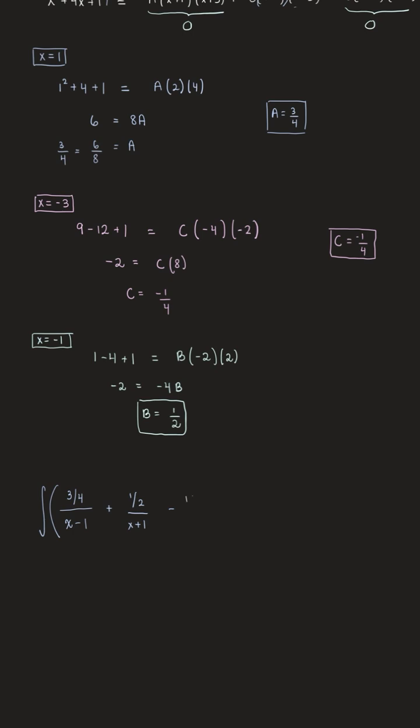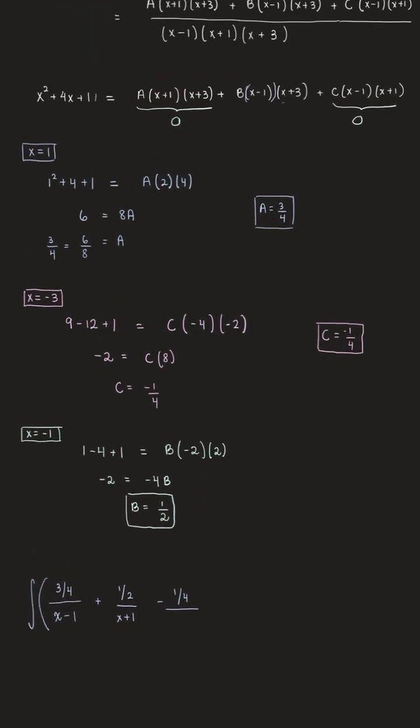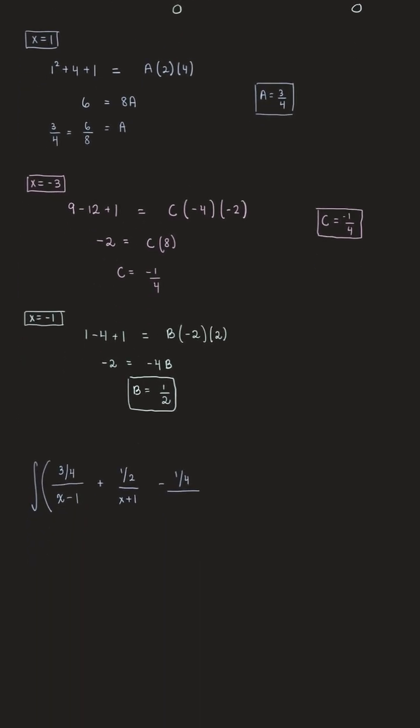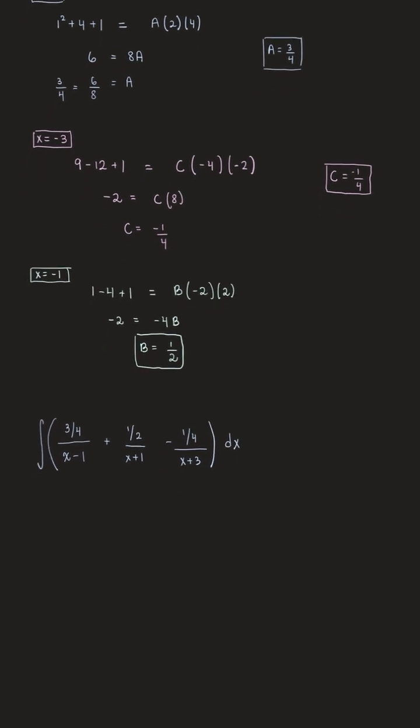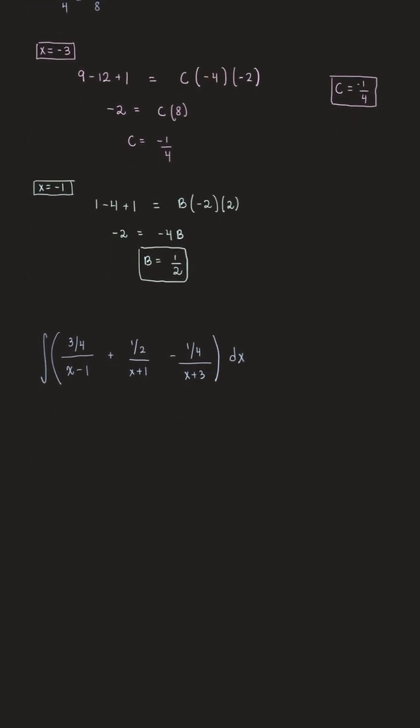And c we know is -1/4 over x plus 3. Notice all I did here is put each of the constants we found into our partial fraction decomposition. And now we're going to integrate.